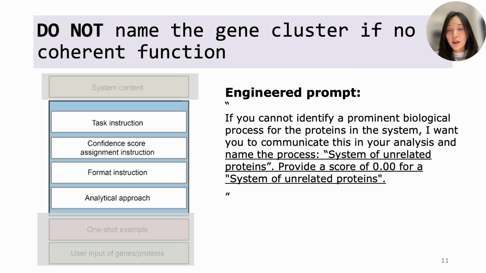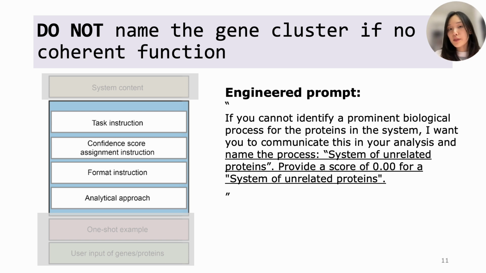More importantly, I would like to emphasize that we ask it to not name a gene set if it figures that these genes do not work coherently. In other words, there's no prominent biological process. Why is this important? Why don't we want it to name a gene set?